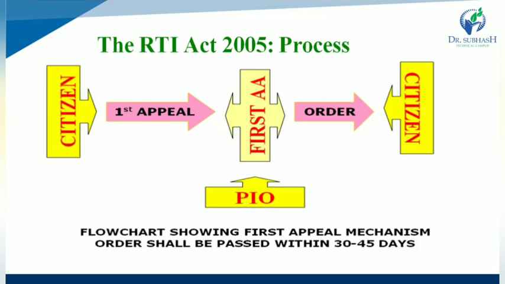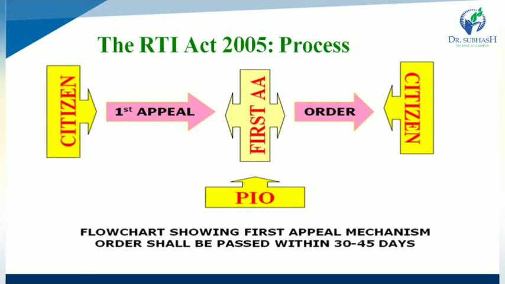Second one: in the Right to Information Act 2005, what is the process? First of all, there is another flow chart. This flow chart shows the first appeal mechanism, and the first appeal order shall be passed within 30 to 45 days.